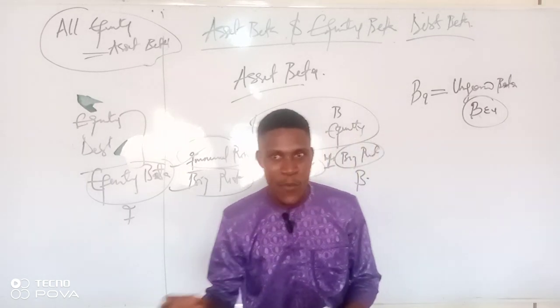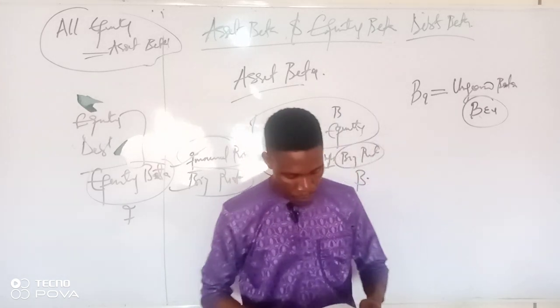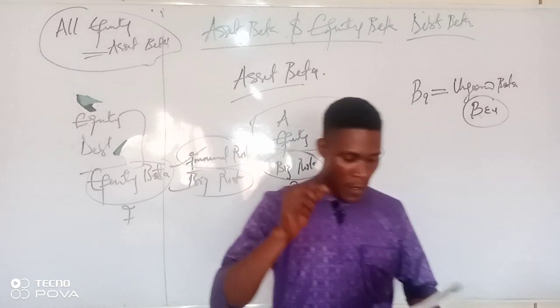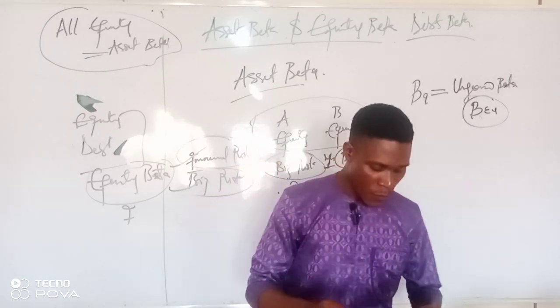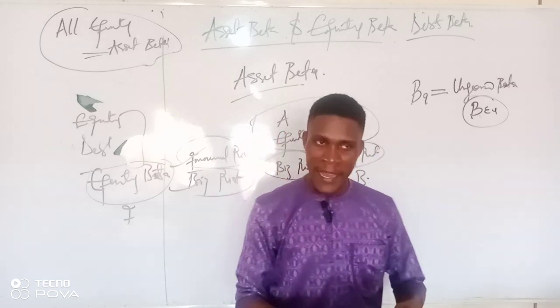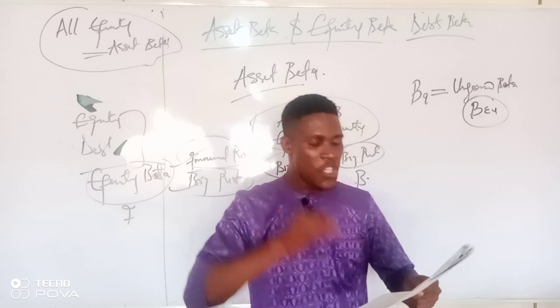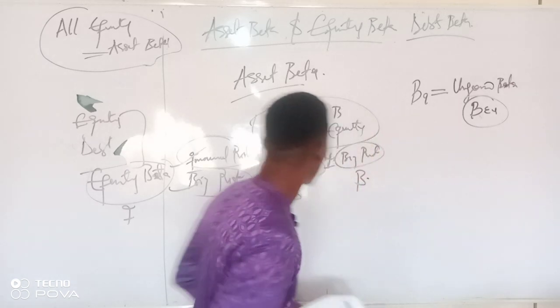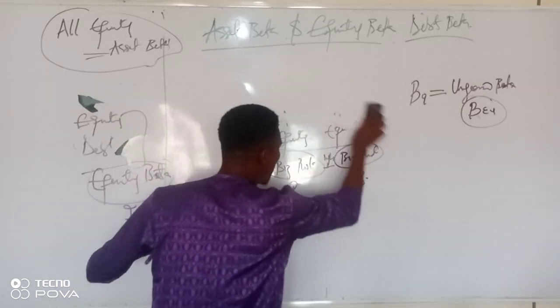We are still going to look at how we can link the asset beta and equity beta together. Now, the equity beta of a company is the beta factor of its equity capital that allows for both business risk and financial risk. The equity beta in an ungeared company, what am I referring to?